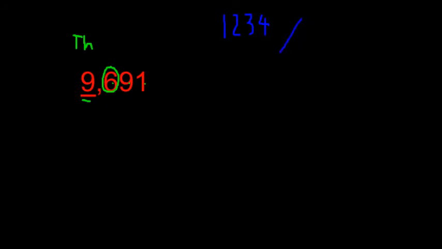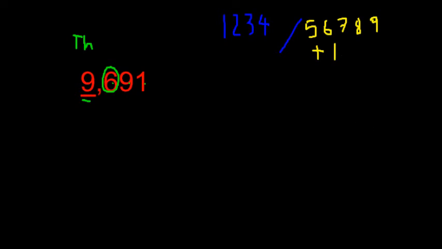Number 6 is in the list of numbers 5, 6, 7, 8, and 9. If 6 is in this list, 9 is going to go up one number. So we are going to add one to 9.